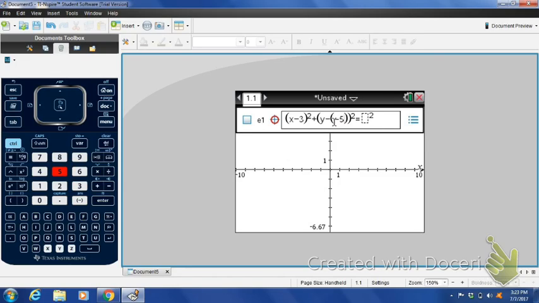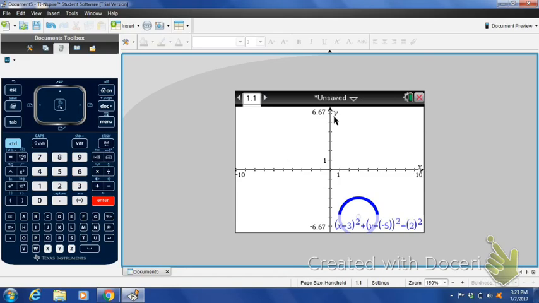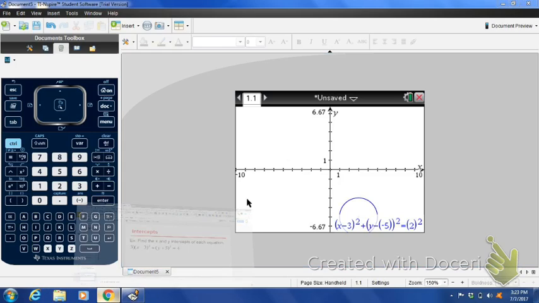If you want to add 5, you have to do minus negative 5. Then equals 2 squared. I messed up, but you get the idea. I should have shifted it to the right and down, not to the right and up. But you can see it's never going to cross the x and y axis. So for certain equations that aren't functions, it's sometimes likely to not have an x or y intercept.